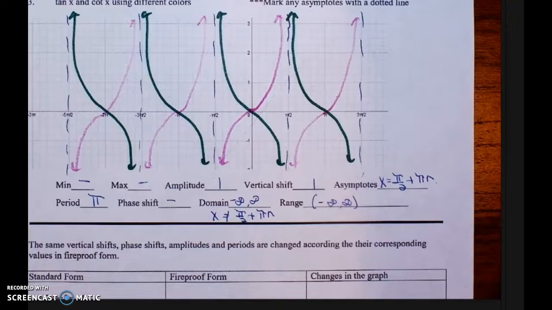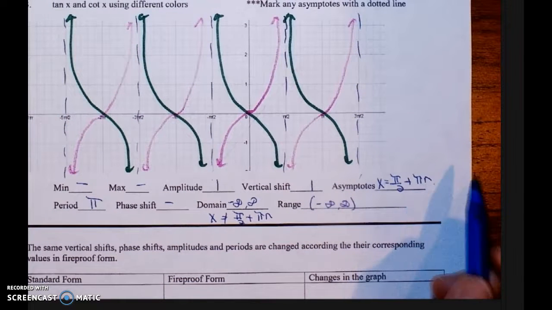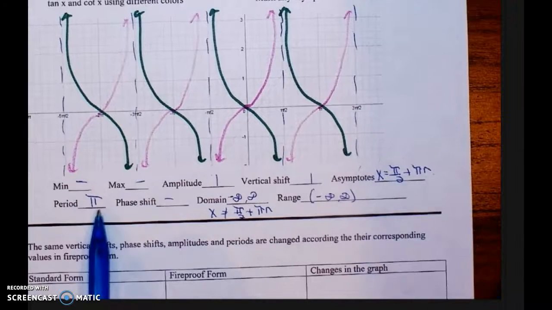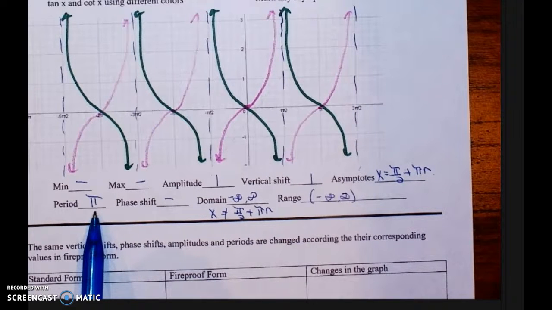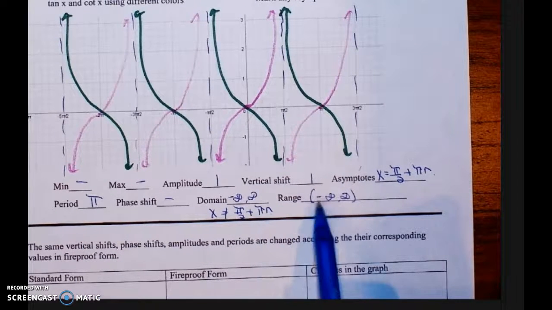I went ahead and filled in the graphs for the cotangent. Those are the green graphs. I also went ahead and filled in most of the characteristics. Similar again, you've got some asymptotes here. Biggest change here is notice your period is no longer 2 pi, it's just equal to pi. Again, domain, we've got some restrictions, and another big change is the range is negative infinity to infinity.